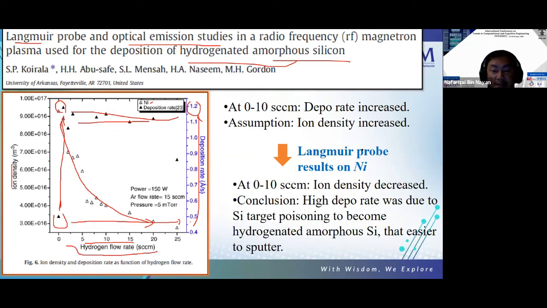From this understanding, we can conclude that the high deposition rate was due to the silicon target poisoning to become hydrogenated amorphous silicon, which is much easier to sputter. So that's how we can use the result to understand the mechanism, what is happening inside the plasma.